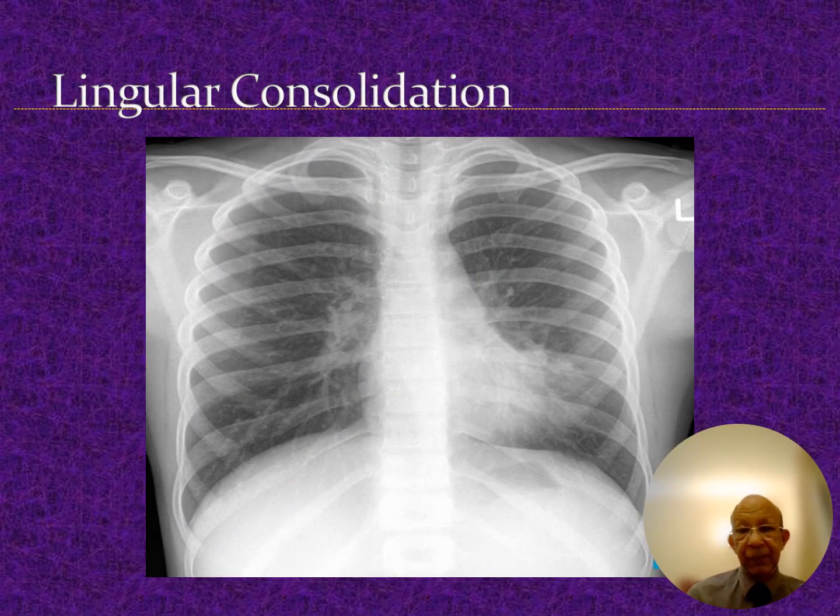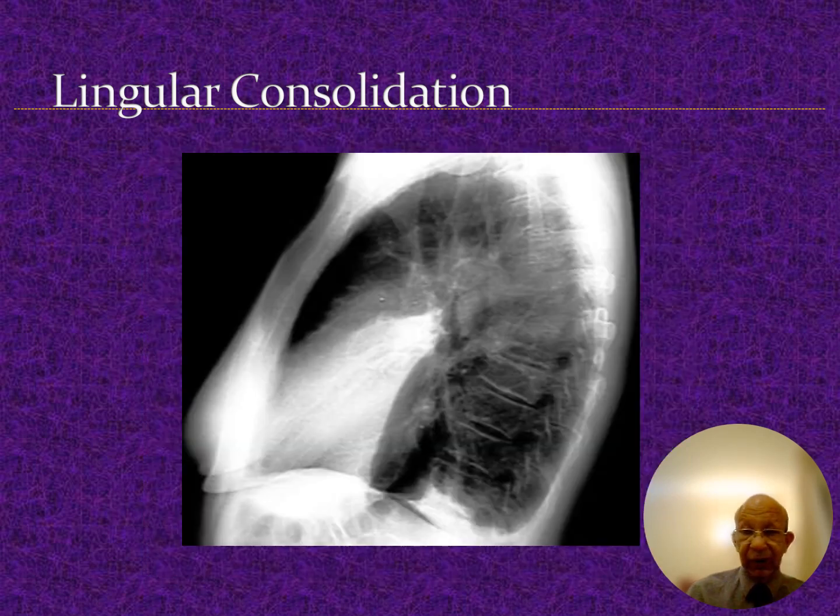Okay. Now the left heart border, the rule that's broken is that the silhouette sign on the left side of the heart is gone. All right, so you cannot see a crisp, clear interface between the gas in the lungs and the solid organs. So the silhouette sign is lost in here, right, and suggestive of a lingular pathology.